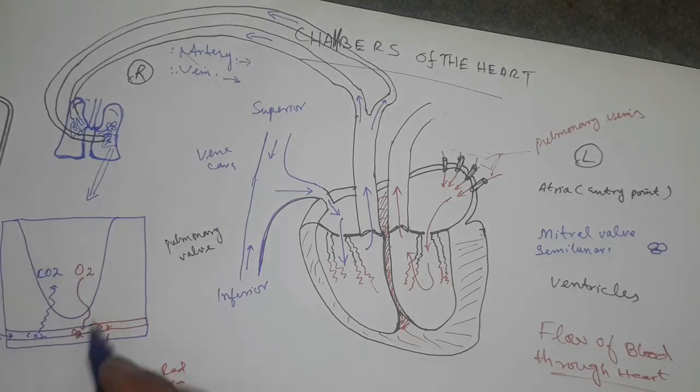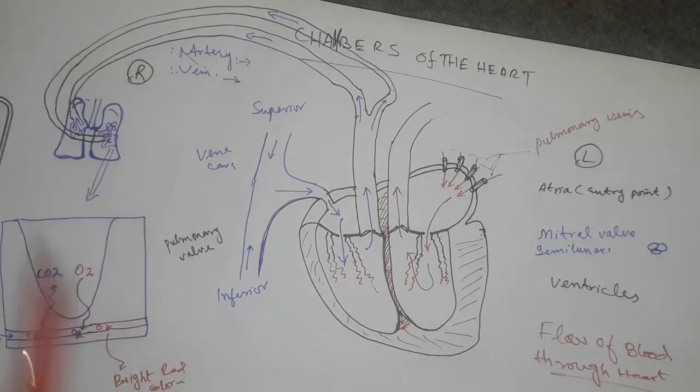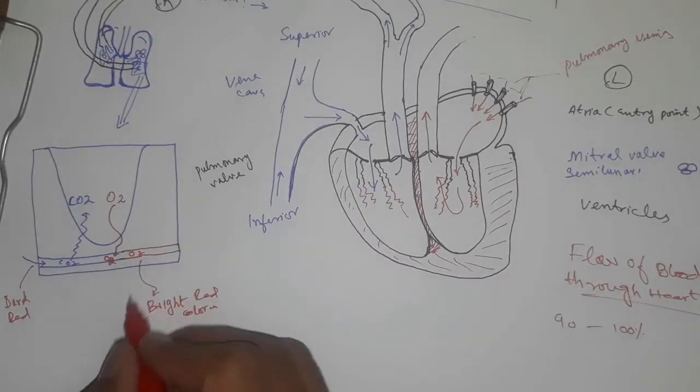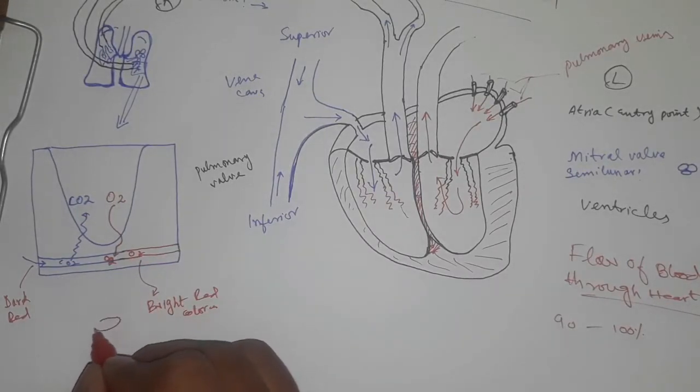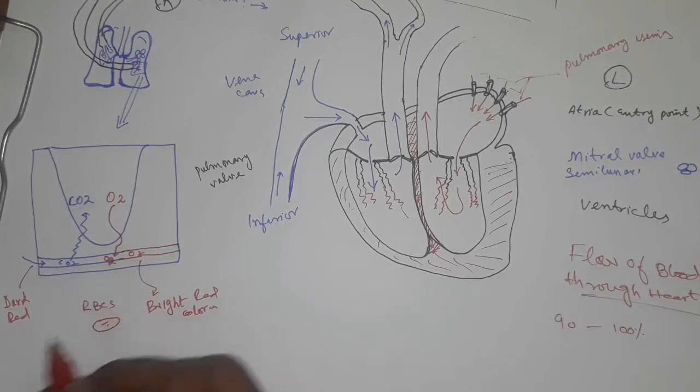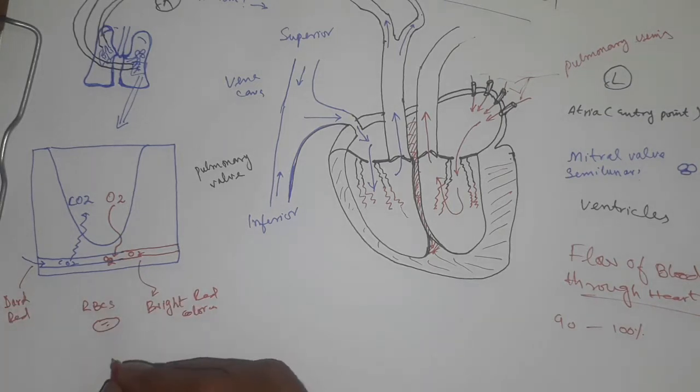Now this oxygen which will come into the capillary, how is it taken up? As we know, in the capillary there are RBCs, and each RBC has a million hemoglobin molecules, which is a protein, hemoglobin.